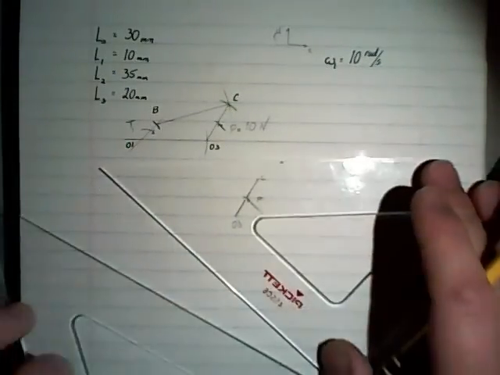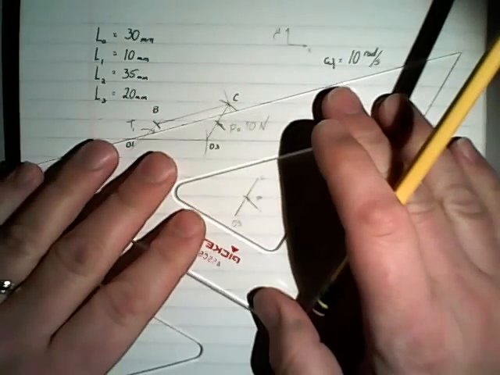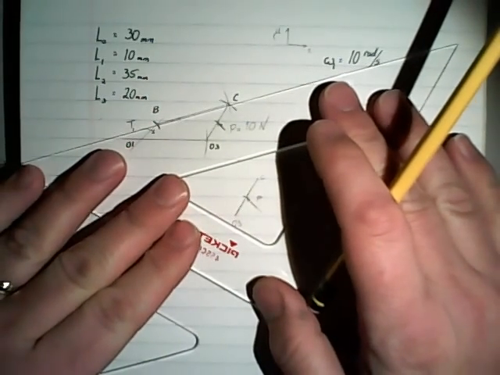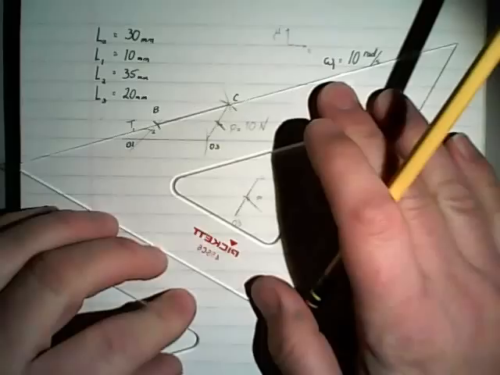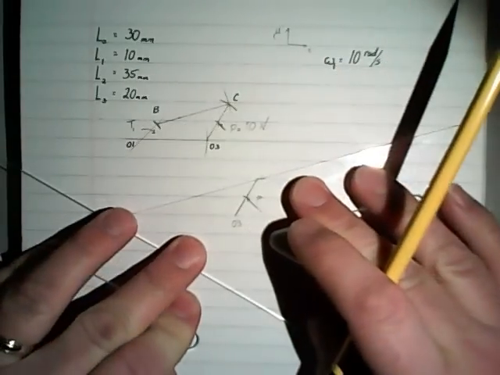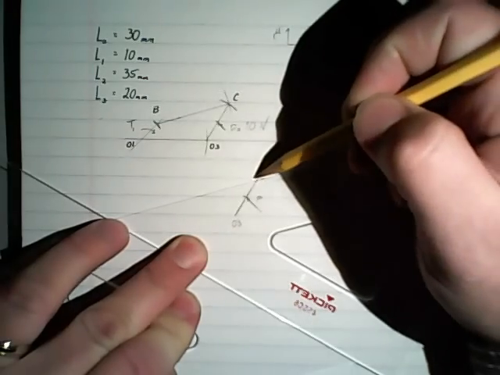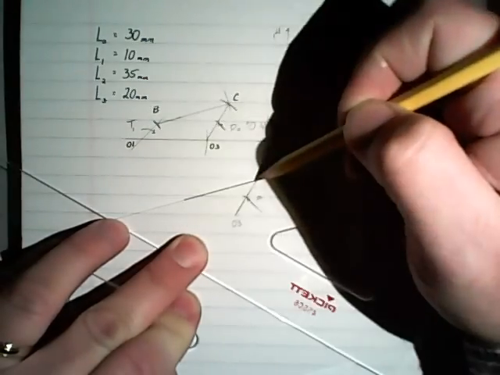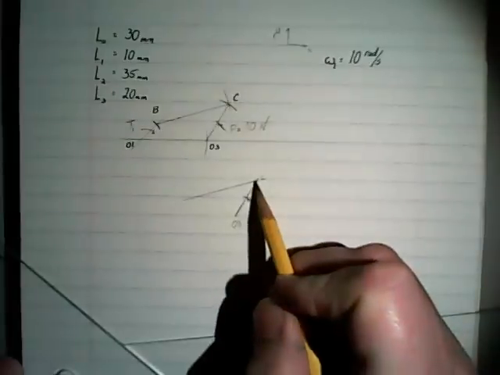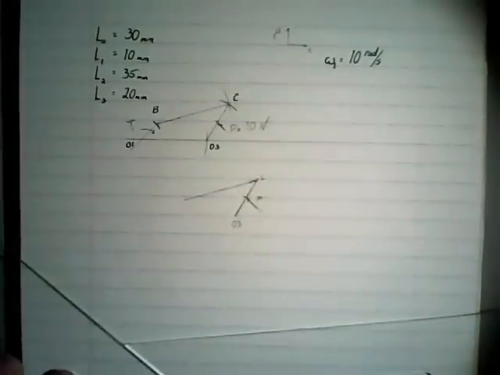Its line of action will be the same as the coupler. So, again, I am going to use my triangle trick and set up my force vector at point C, and that will be the direction of one of these forces.